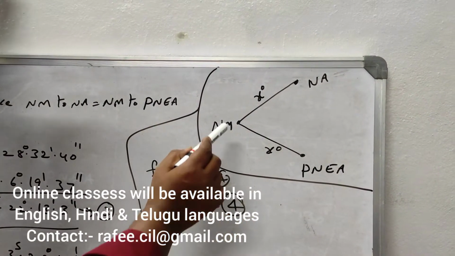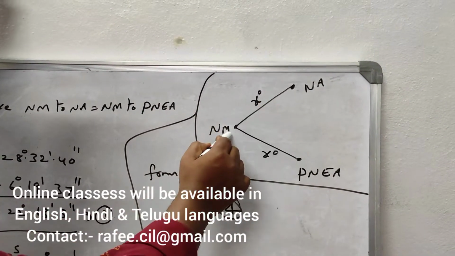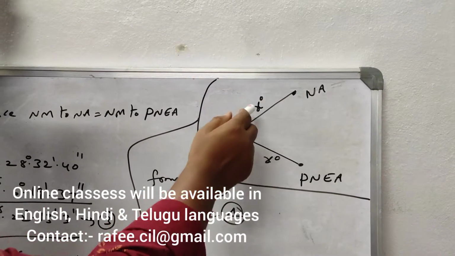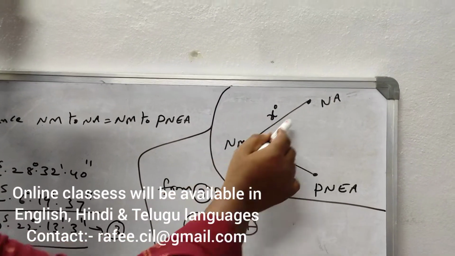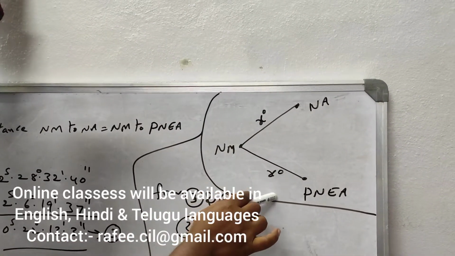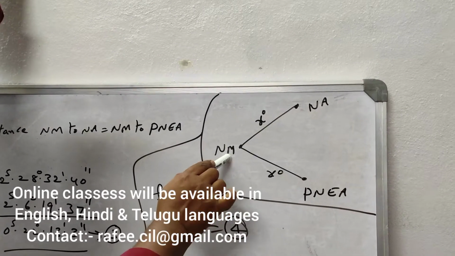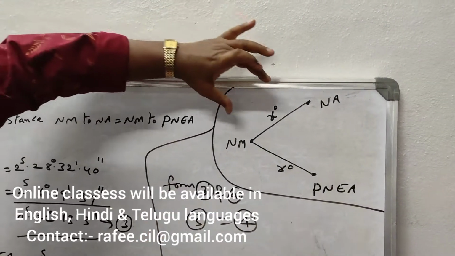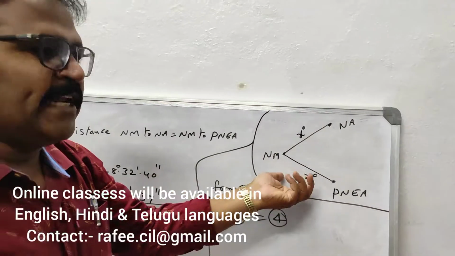Suppose the distance between these two points is 80 degrees. Here also, the distance between natal moon and PNEA is 80 degrees.